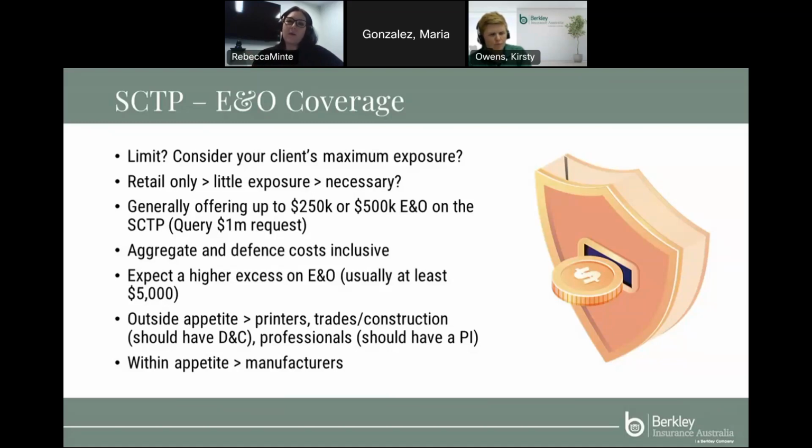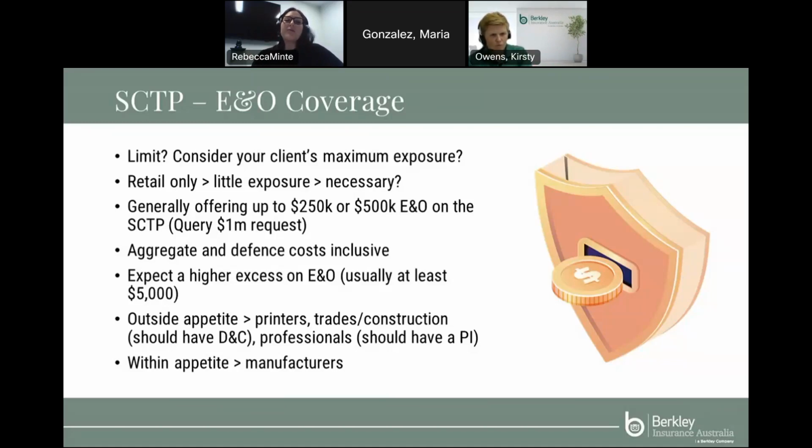When I get a request for $1 million coverage on the E&O, I'll generally have that conversation with the broker and make sure that they know what the coverage is, and that the client doesn't need PI for a contractual obligation.